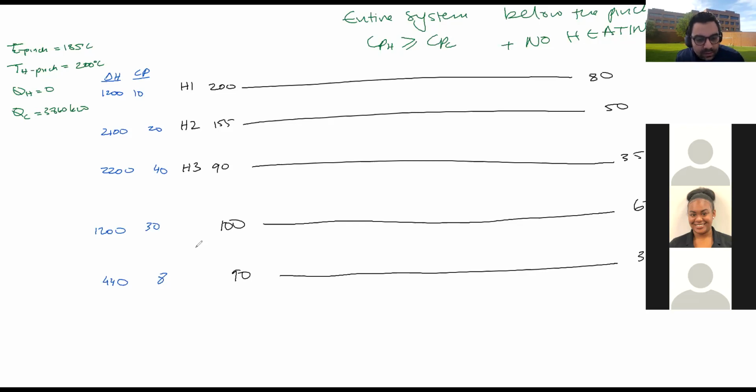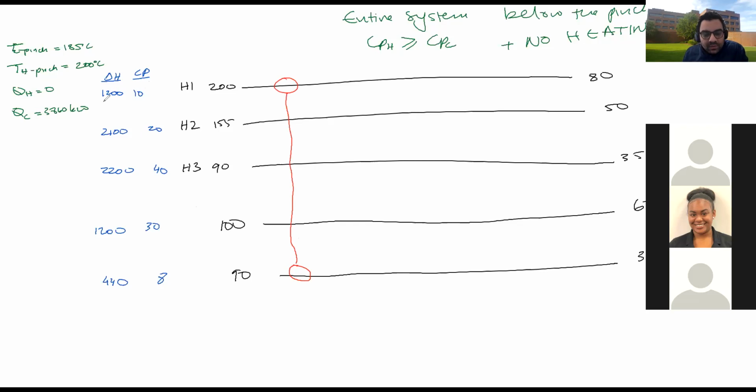Okay, so let's match these guys. Yeah, so I can match H1 and C2 because 10 is greater than 8, so I'm going to connect a heat exchanger here from H1 all the way to C2.